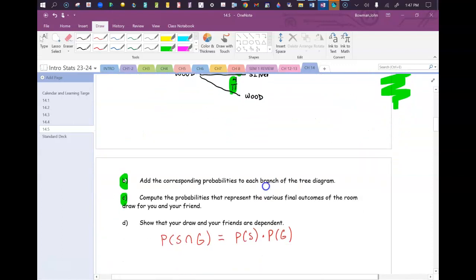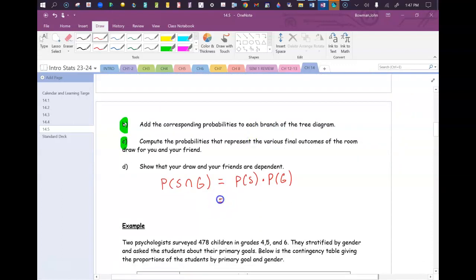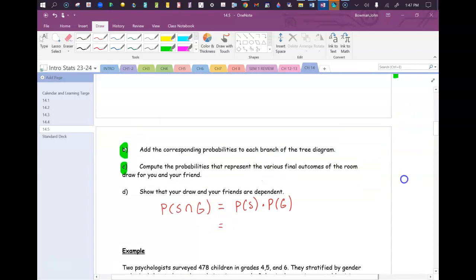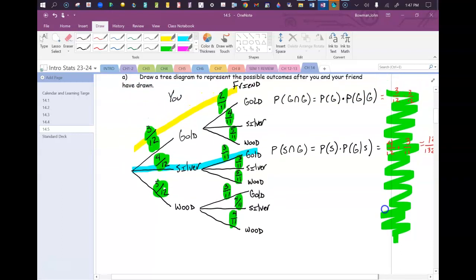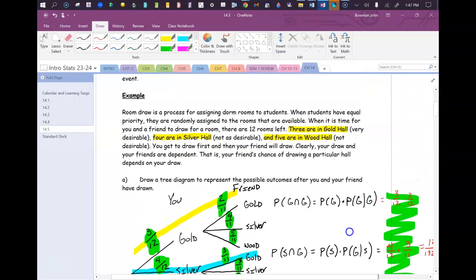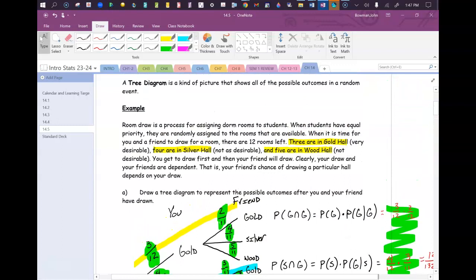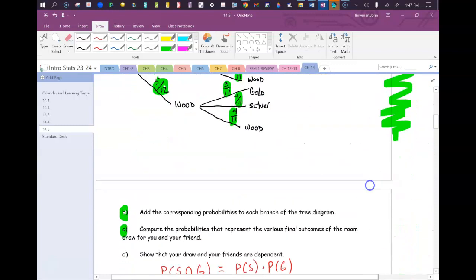And now we're going to go back over here and we're going to write the probability of silver times the probability of gold. Well, there are 4 silver out of 12, and the probability of gold, there are 3 gold out of 12.